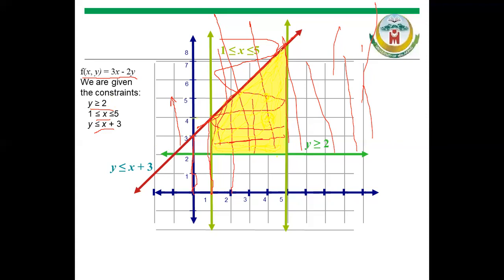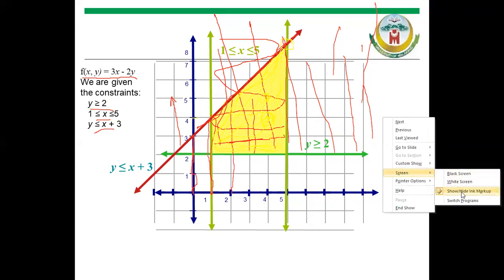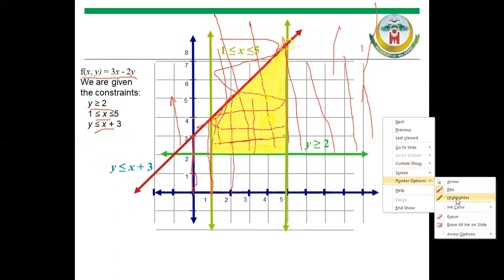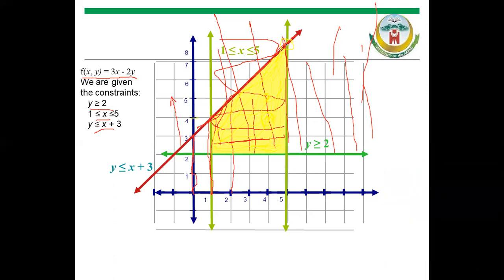Now we are getting some vertices. One vertex is this one, and this is the polygon. Okay, now this is the polygon, this is the first vertex, this is the second vertex, this is the third vertex, and this is the fourth vertex.